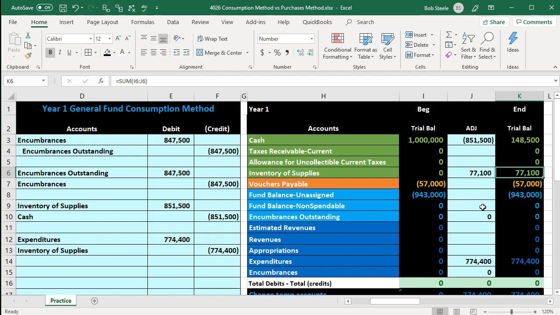Here's where the funny kind of thing happens. We're going to say that the equity section, we need to reallocate the equity section. So you'll note that we have the fund balance unassigned and the fund balance non-spendable. What we want to say is I need to take the amount of equity, because remember what equity is. It's the assets minus liabilities, or in other words, assets minus liabilities equals the 168,600.